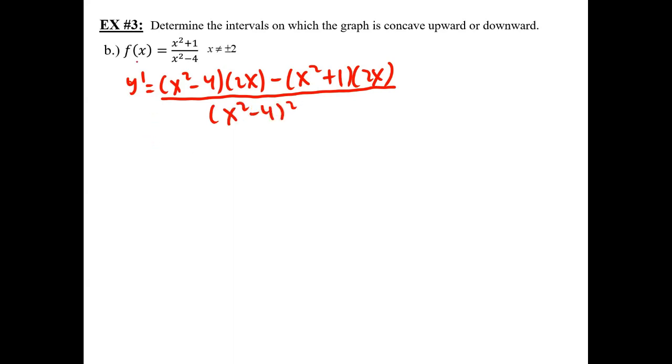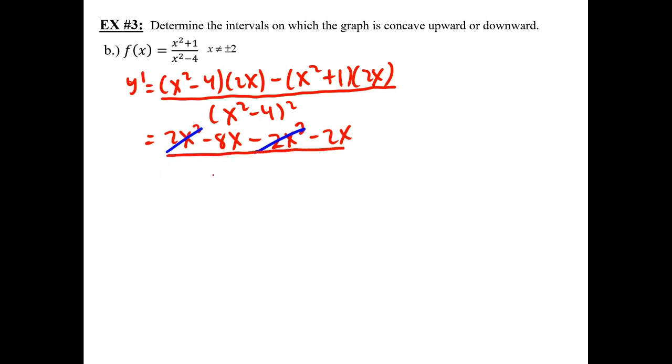Okay, so we need to simplify it further. We have 2x cubed minus 8x minus 2x cubed minus 2x. Okay, so we need to cancel it. Negative 2x cubed plus 2x cubed is 0.